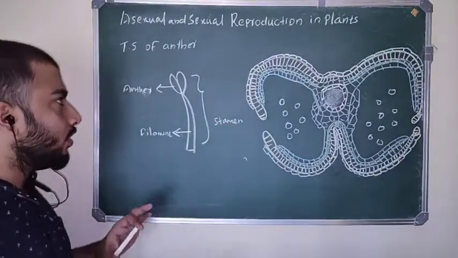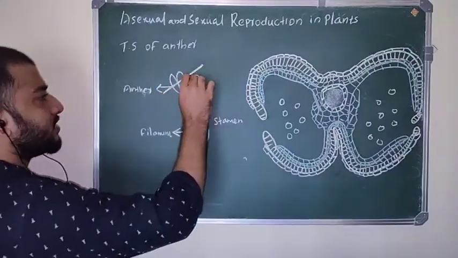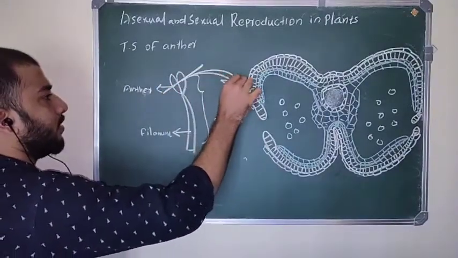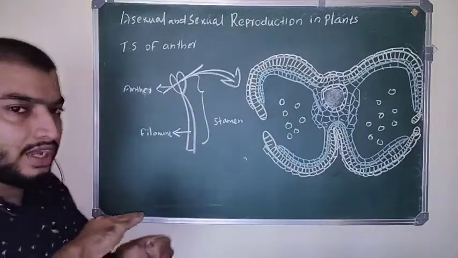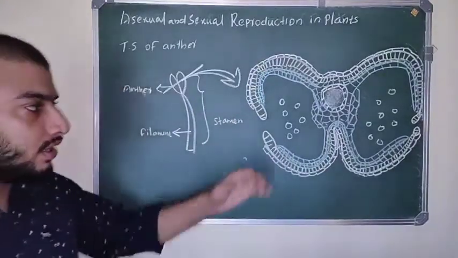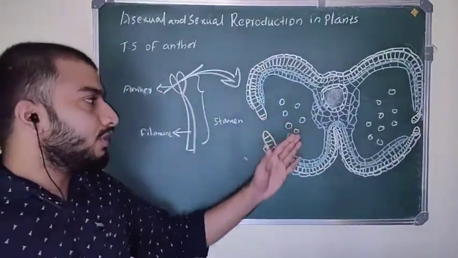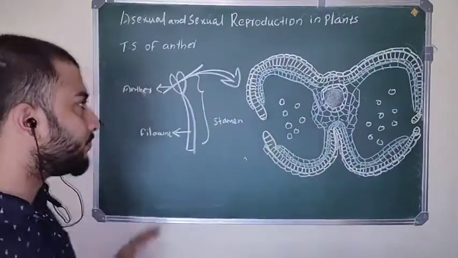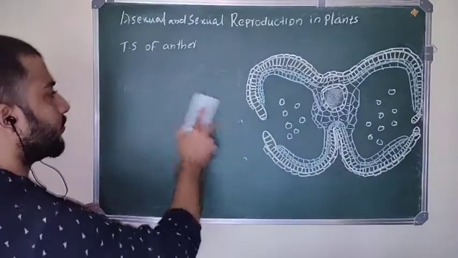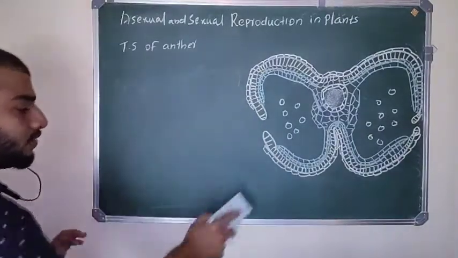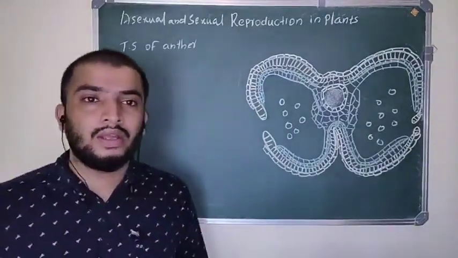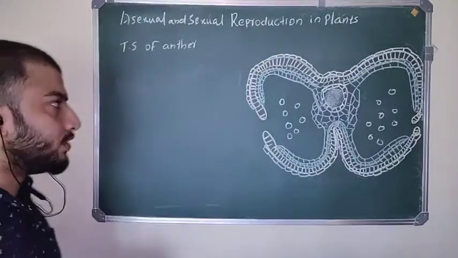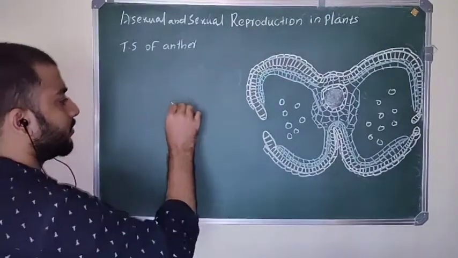Okay, so we are going to check the internal structure of the anther. We have taken a transverse section of the anther. If you observe the transverse section of the anther, you will get this type of image. The anther is bilobed. What does bilobed mean?